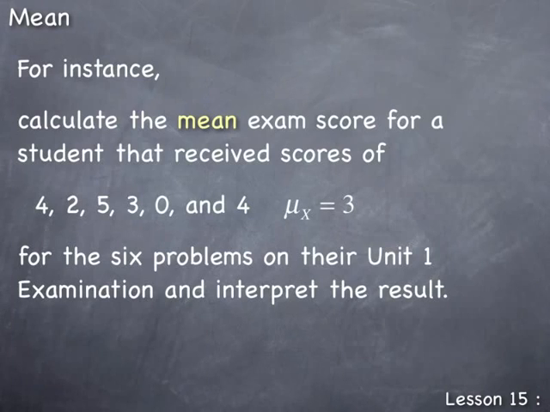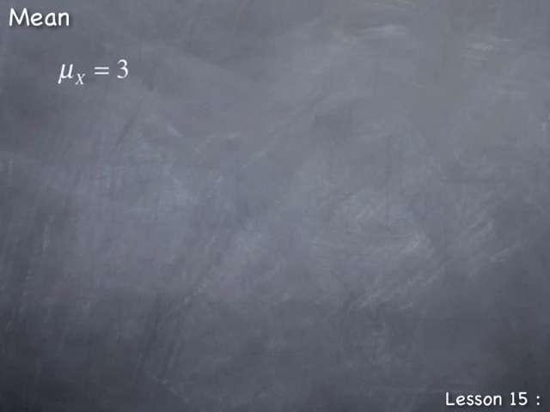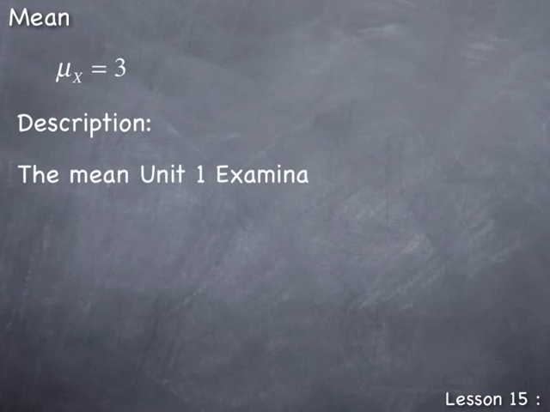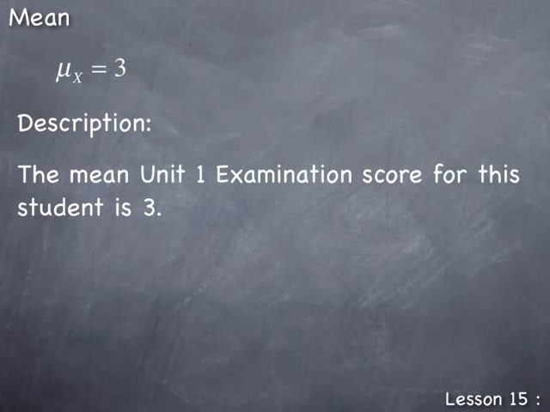Now that we've calculated the mean for this data, we then need to interpret the result. Interpretation is different from a description. Descriptions just merely report the results that can be directly derived from the data. For instance, the description of this result could be that the mean Unit 1 examination score for this student is 3.